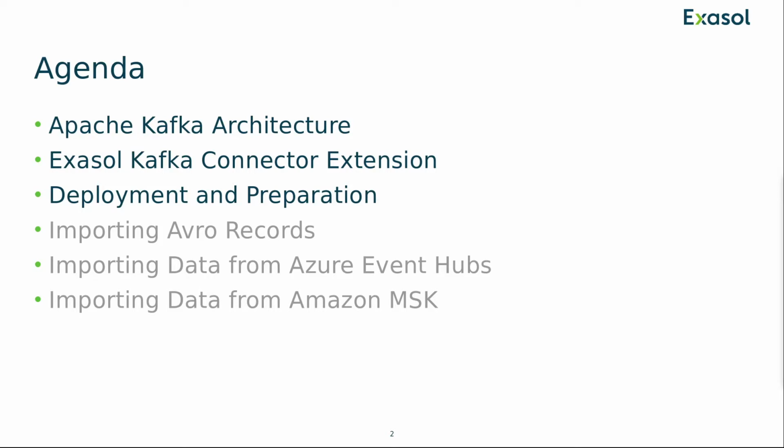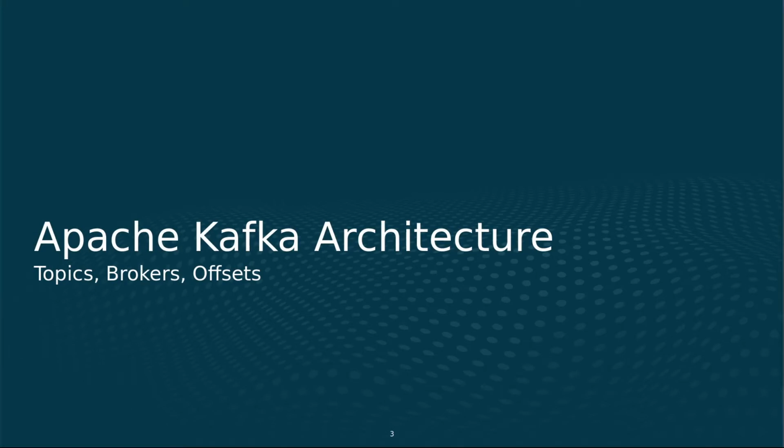Then I will go over the deployment and prepare the connector so that we can use it later. In this part, I am going to present up until the deployment and preparation, and in the next parts, I'm going to show you how to import data from an Apache Kafka cluster into an Exasol database. So please stay tuned. So first, let us start with a brief description of Kafka architecture.